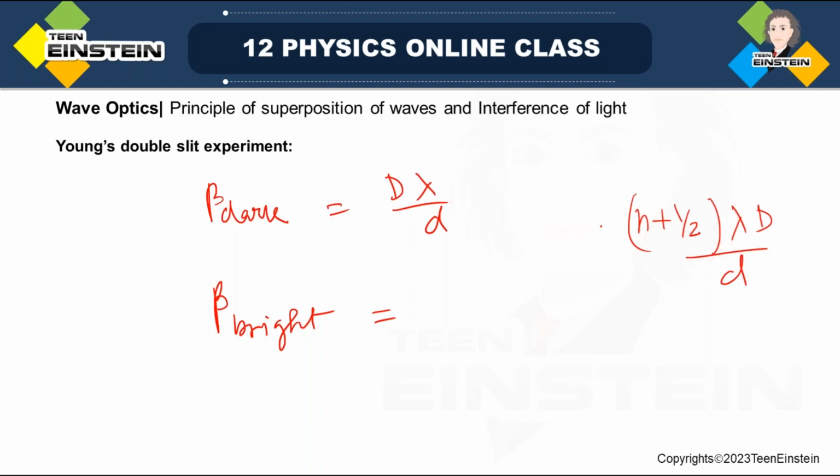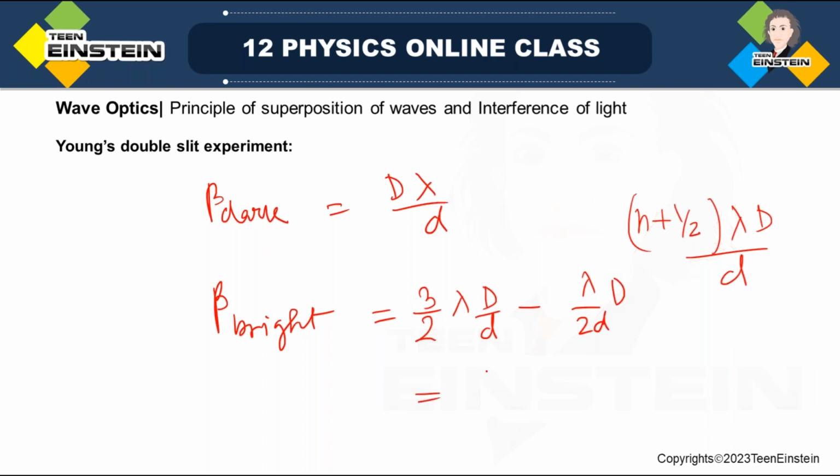If I just take the first bright and second bright, n is equal to 0 is the first one, and the second one is 3 by 2. So 3 by 2 lambda D by small d minus lambda by 2 small d capital D here.